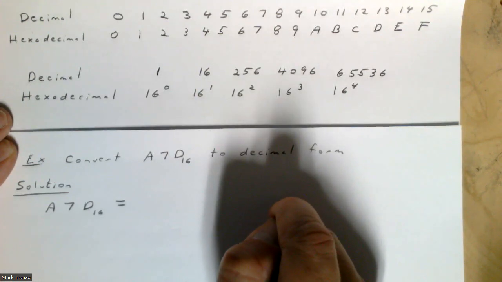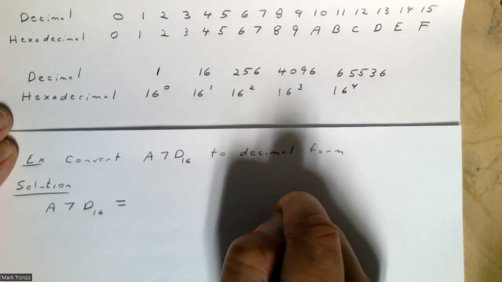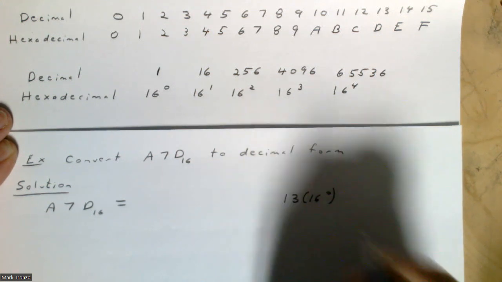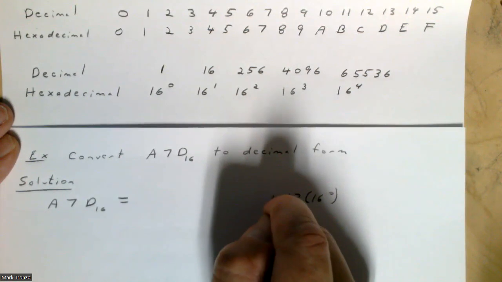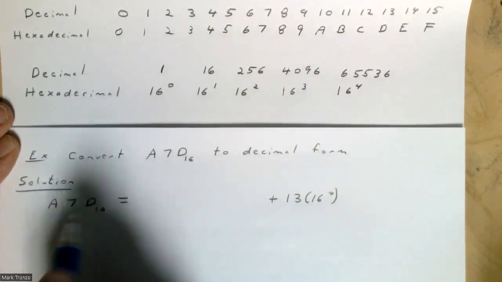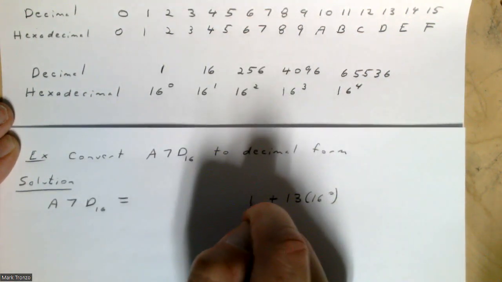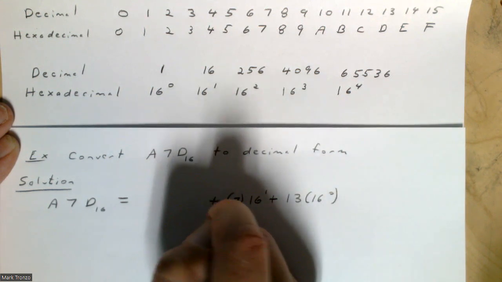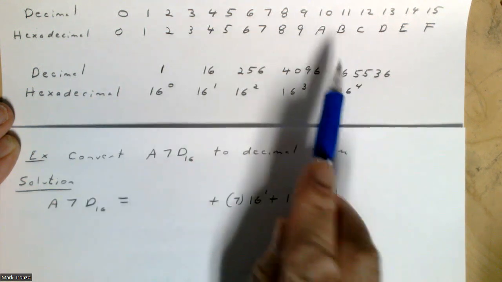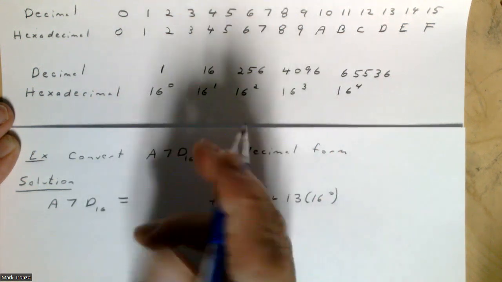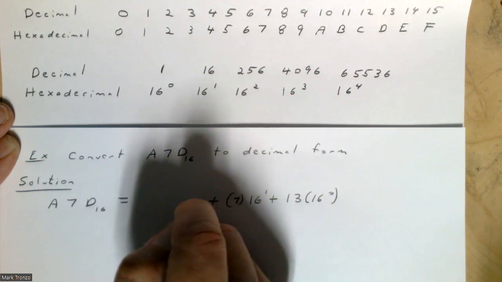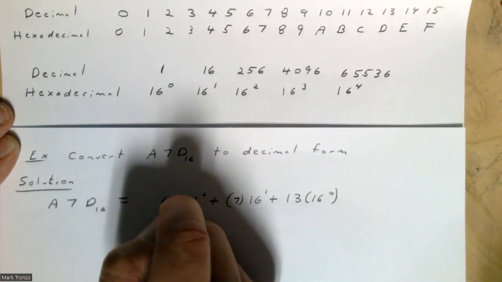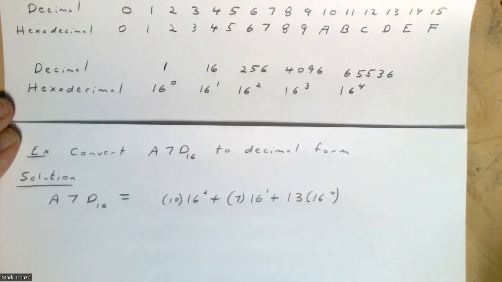So over on the right, we have 13, and that's in the first position. That's 16 to the 0 power. The next one is 7, that times 16 to the first power. Next one is A. A corresponds to 10. Like this.